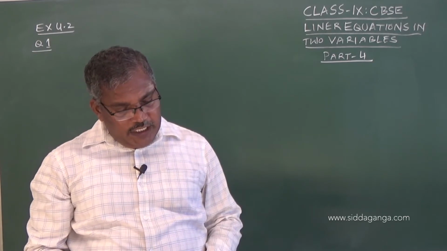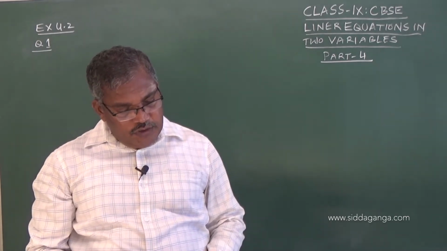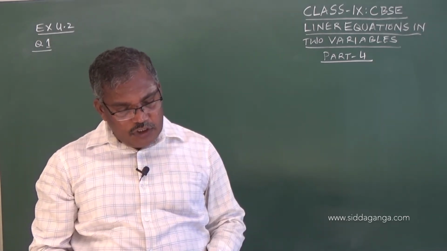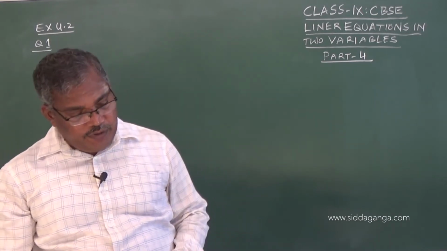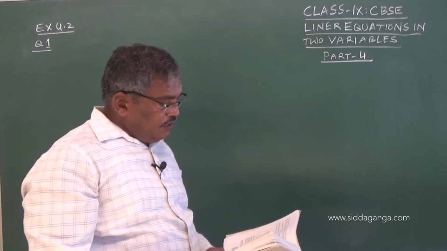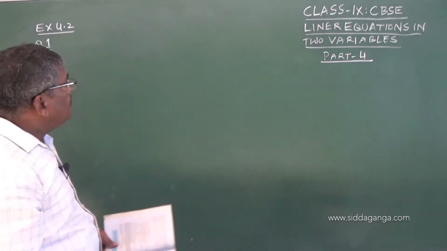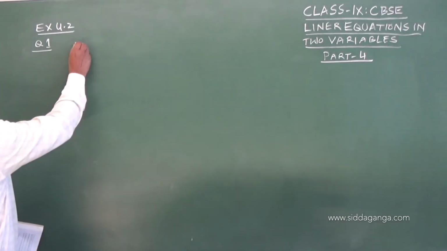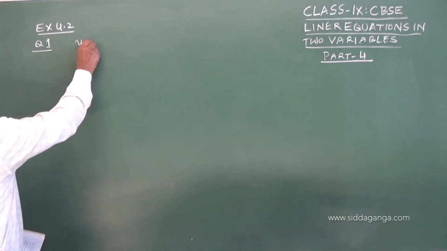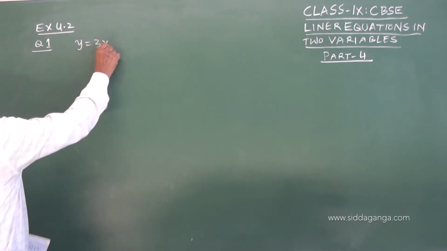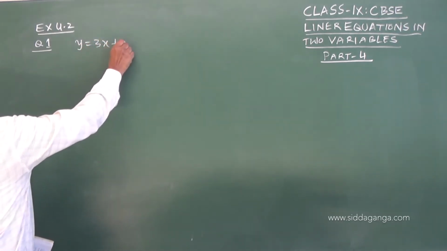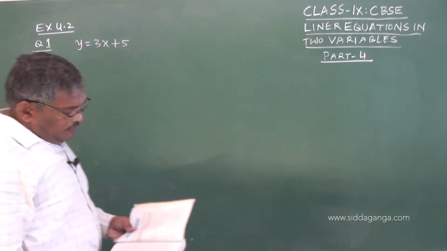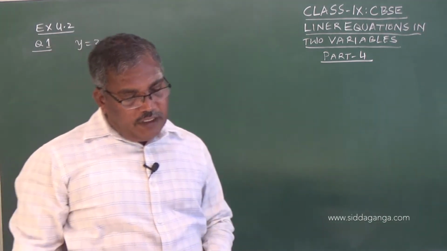So there you will get a question: which one of the following options is true and why? The question is y equals 3x plus 5. This is the equation given.